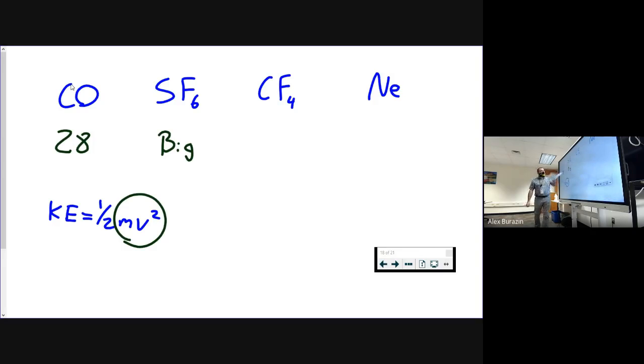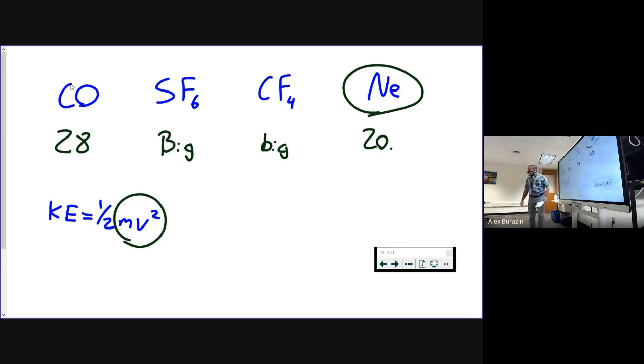Bigger than the other one. This one too, right? 4 fluorines. Each fluorine is 19. This is big. I'll use a lowercase b to signify that it's less big than the other big one. Neon. I look up neon, and neon is 20.18. Now, the one with the lowest molar mass or the smallest mass has the greatest velocity.